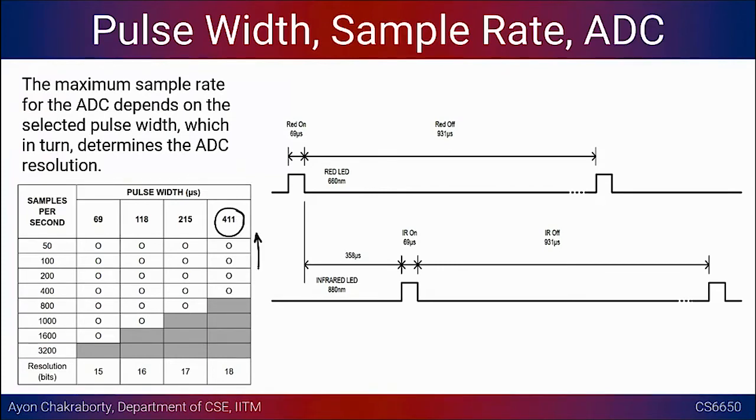It can go to something like 400 samples per second, whereas if you choose a short pulse width like 69, it is going to go to 1600 samples per second. Similarly for the resolution, you will have different resolutions possible in the ADC for each such configuration. These are predefined in the hardware to get proper samples out of the system.